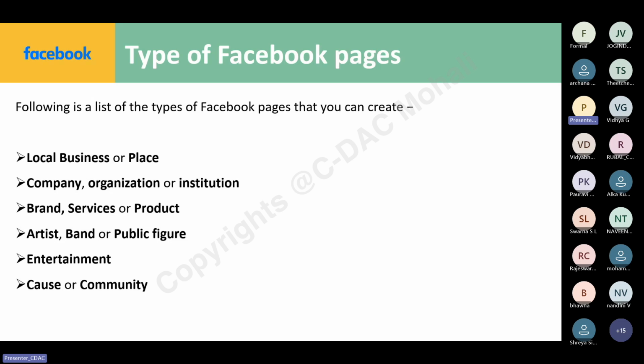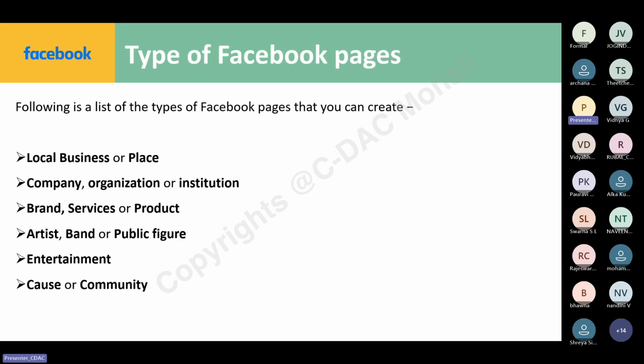For example, they have created a page for Adobe Photoshop only, where they post only Photoshop related information, like the latest bugs or updates. So this is how you can create separate pages for services, brands, or products also.